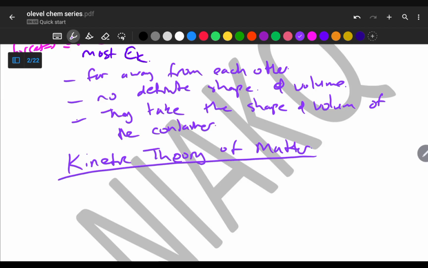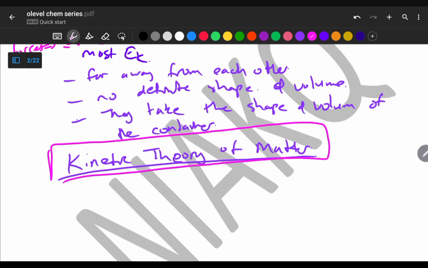Kinetic theory of matter. So kinetic theory of matter, you need to state what you call the kinetic theory of matter. So kinetic theory of matter states that matter is made up of particles which are always in motion, right?